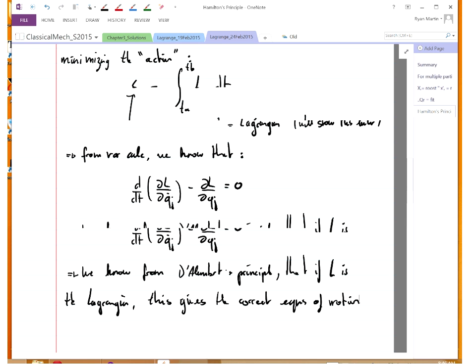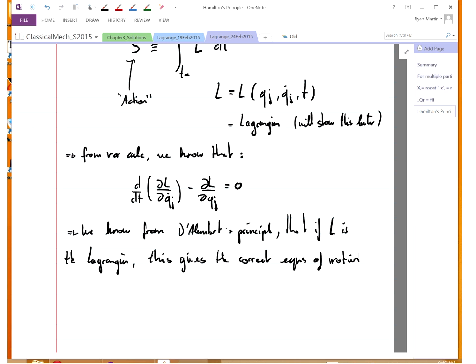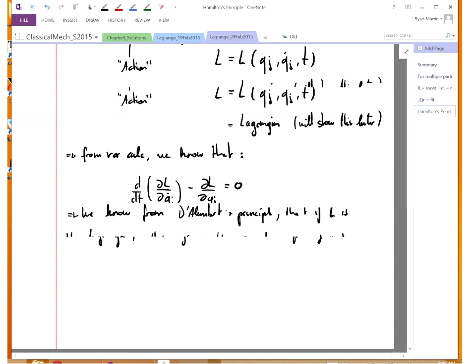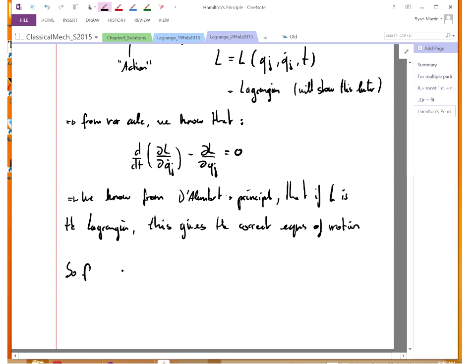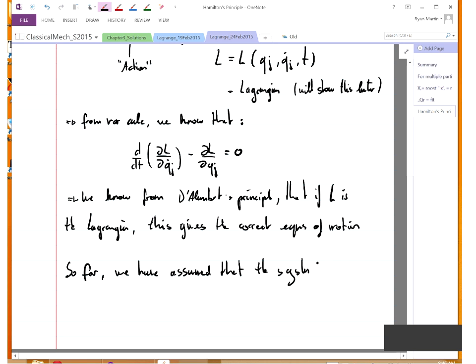Now, what did we assume when we came up with the Euler-Lagrange equation, d/dt ∂L/∂q_j dot minus ∂L/∂q_j? We've made some assumptions. So far, we have assumed that the system we described is holonomic.